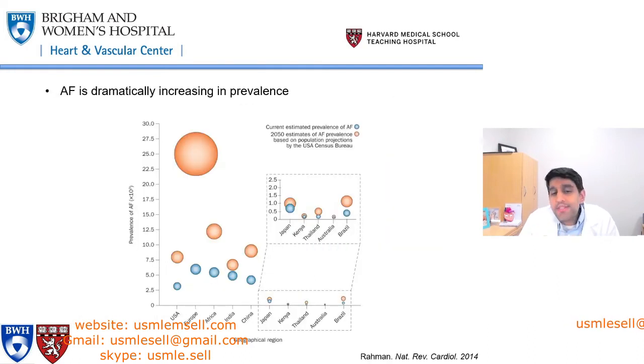Now, because it is so common, it is something that we know that we have to deal with. And in fact, if you look at the projected trends for atrial fibrillation prevalence, it's a little bit striking how much it's projected to increase over the coming years. What's shown here in this plot is by different regions throughout the world on the x-axis, the estimated prevalence of atrial fibrillation.